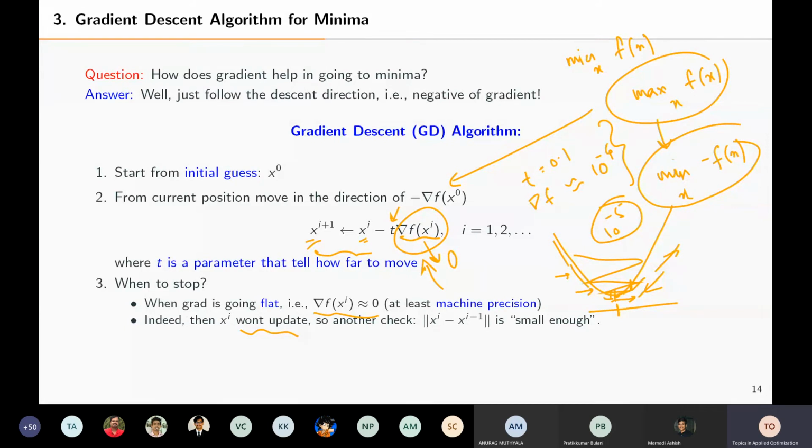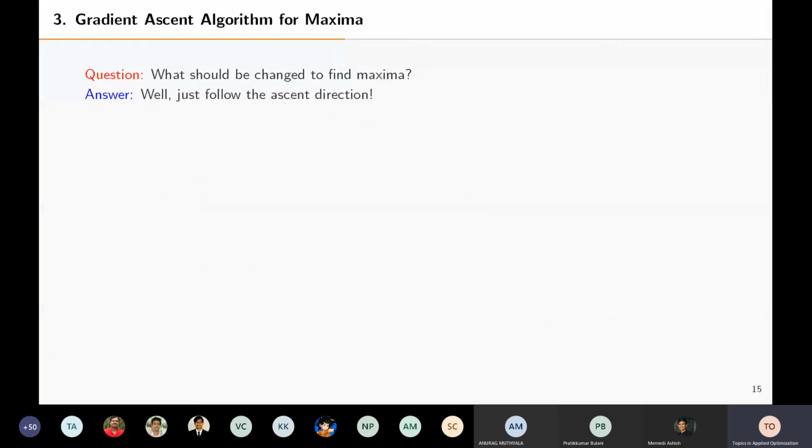So the idea is clear, right? You follow the gradient direction now instead of the negative gradient, because the negative gradient is the direction of decrease, and to increase we have to go to the positive gradient. So the only change you will make is that you make it plus here. Okay, so that's the gradient ascent.